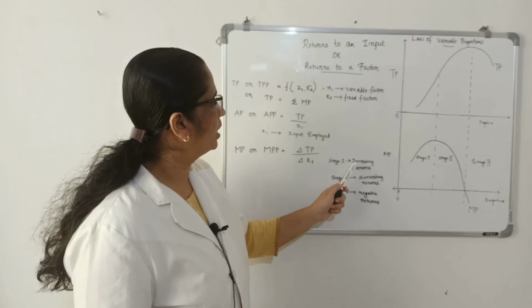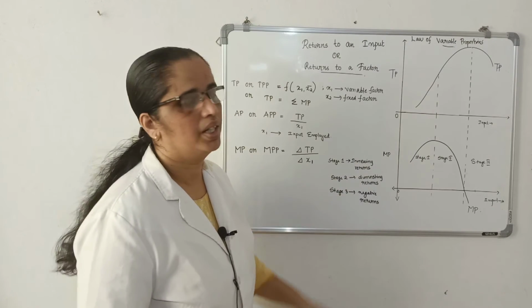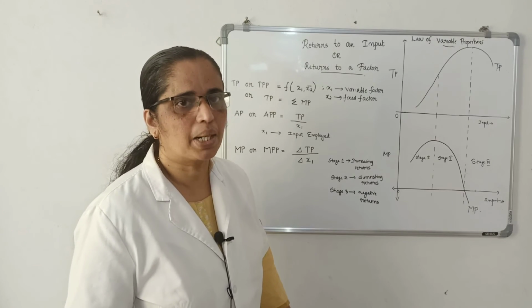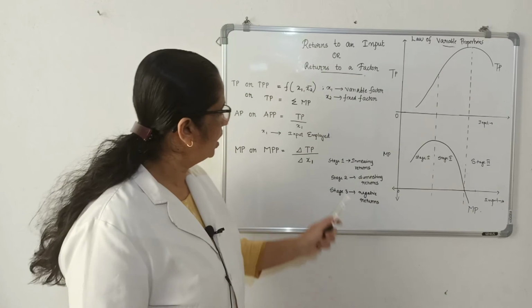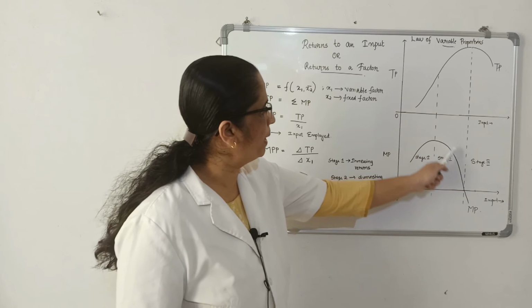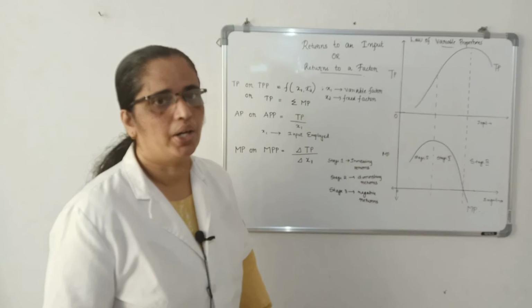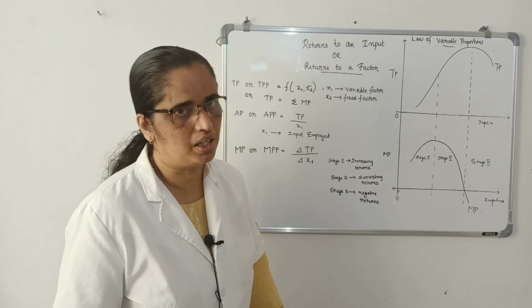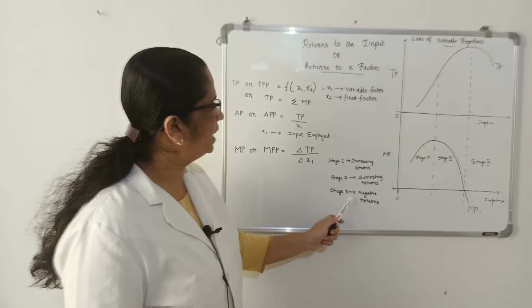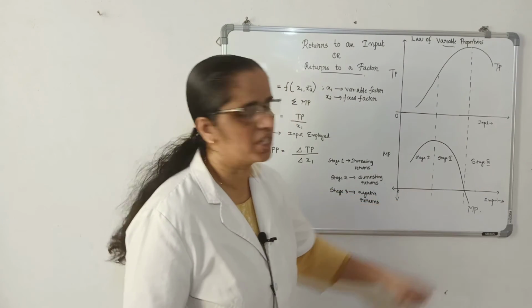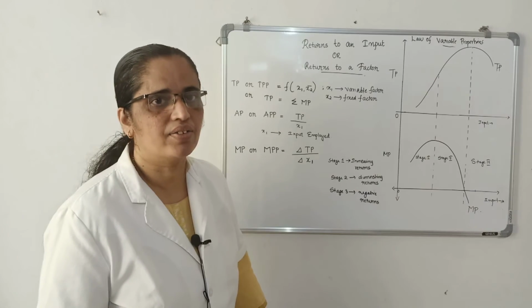Stage 1, MPP is increasing. This is known as increasing marginal returns or increasing marginal product. Second stage, MPP is diminishing, known as diminishing marginal returns or diminishing marginal product. Stage 3, MPP is negative, known as negative returns.